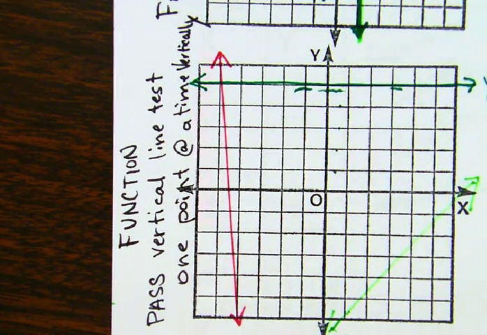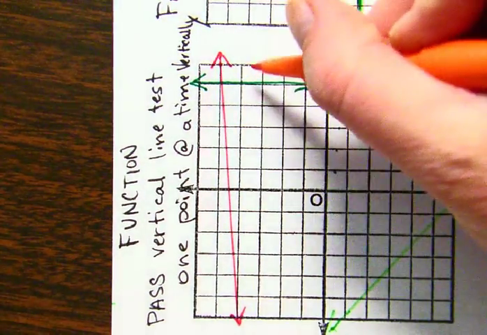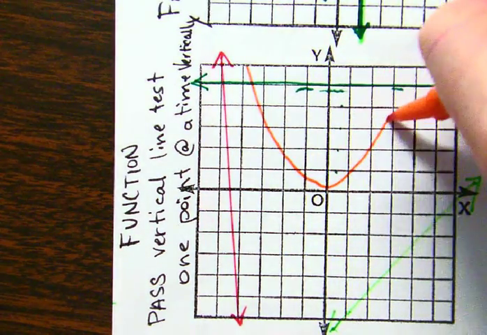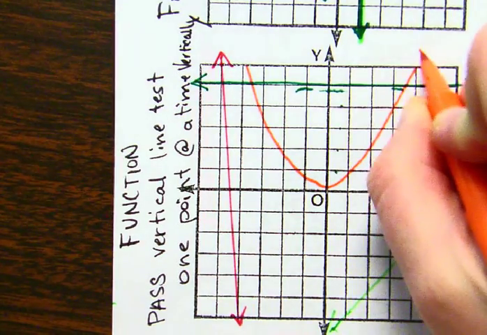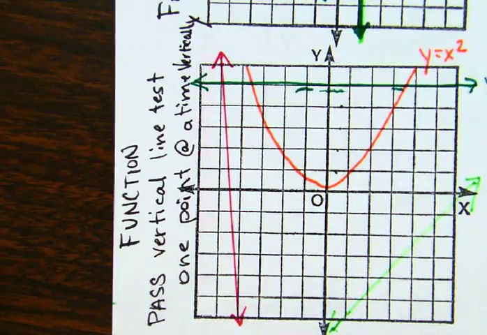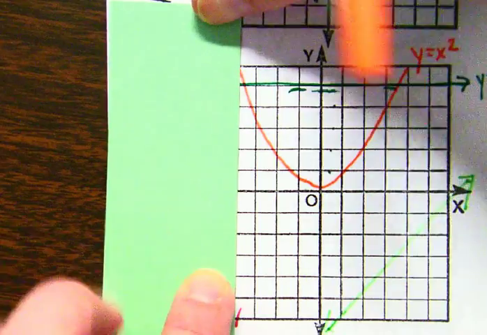Then there are some options that are not lines, nonlinear functions. So one that's fairly popular would be this one right here. It's y equals x squared. Makes a U shape called a parabola. And as I take my vertical edge, this is my vertical line test.